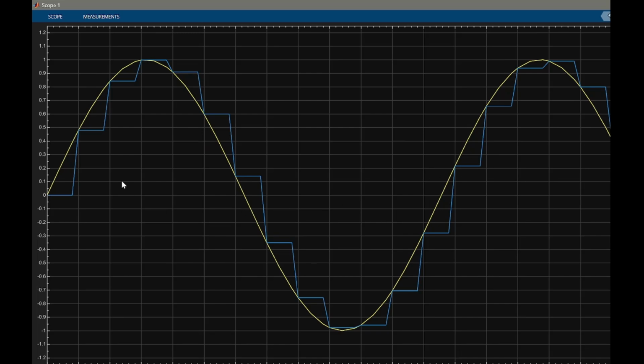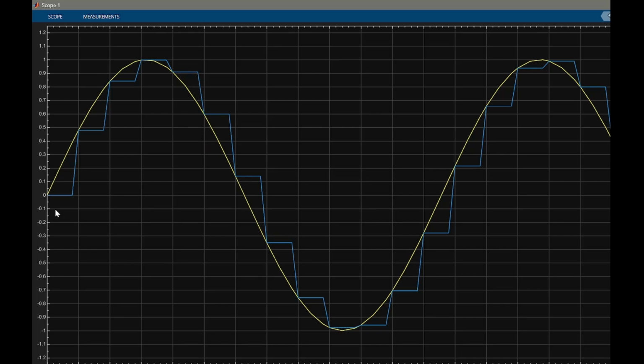Here we have 2 signals. The yellow waveform is the original sine wave. The blue waveform is the zero order hold output. Notice that the blue signal looks like a staircase. Why? Because the zero order hold only updates its output every 0.5 seconds.